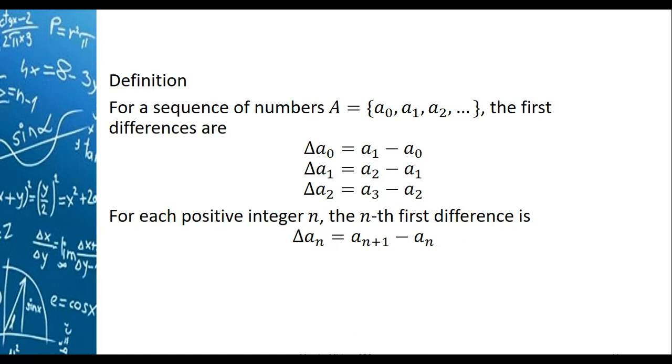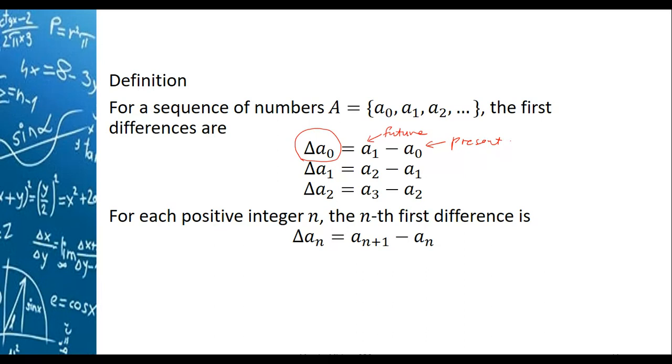If I want to look at the difference of a naught, it is just a1 minus a0. If you tie it back to the earlier model, a1 is just your future and a0 is just your present.